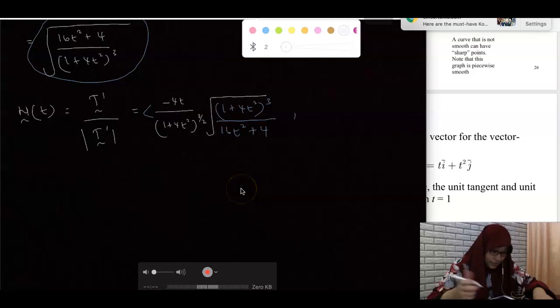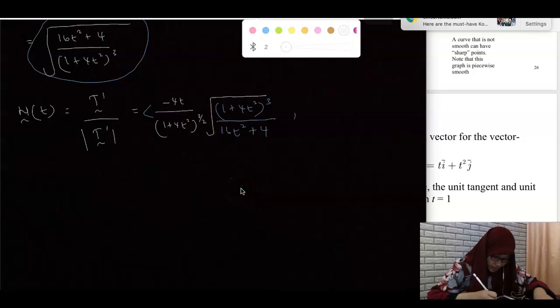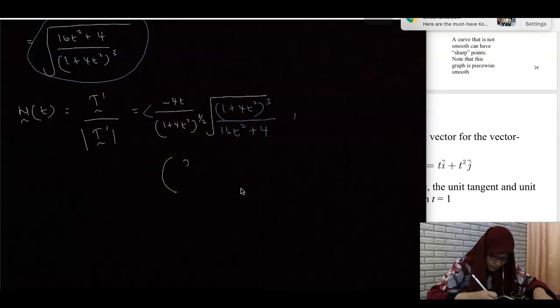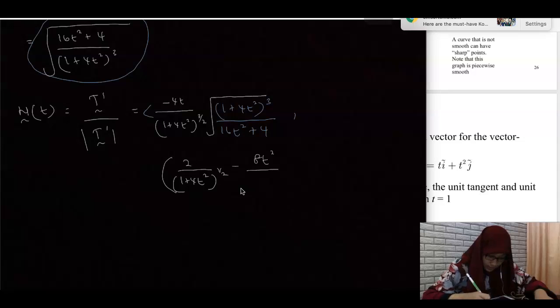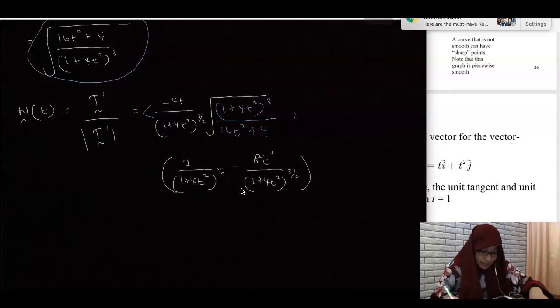Not enough space, so we have the bracket 2 over (1 plus 4t squared) to the power of 1 over 2, minus 8t squared over (1 plus 4t squared) to the power of 3 over 2, multiplied by, divided by the magnitude of T prime, so just make it upside down.